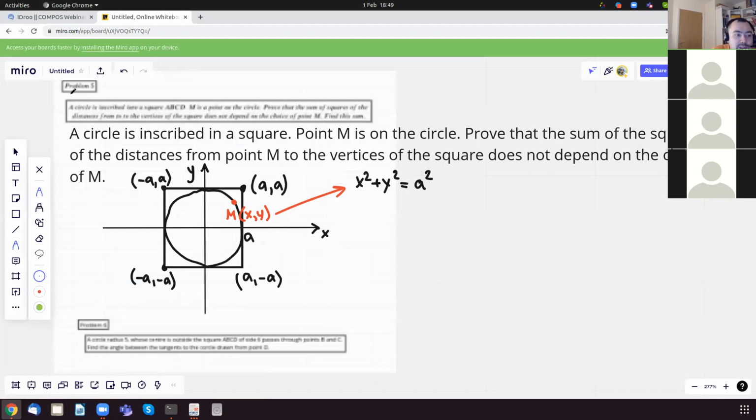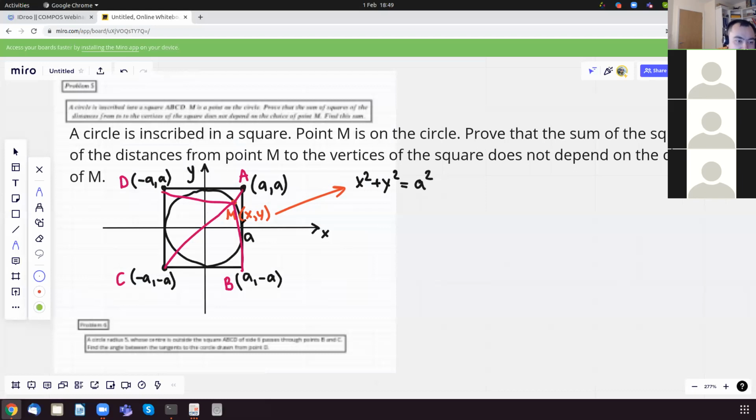Prove that the sum of the squares of the distances, so we're talking about this distance. Let's label the points A, B, C, D. So MA, MB, MC, and MD.